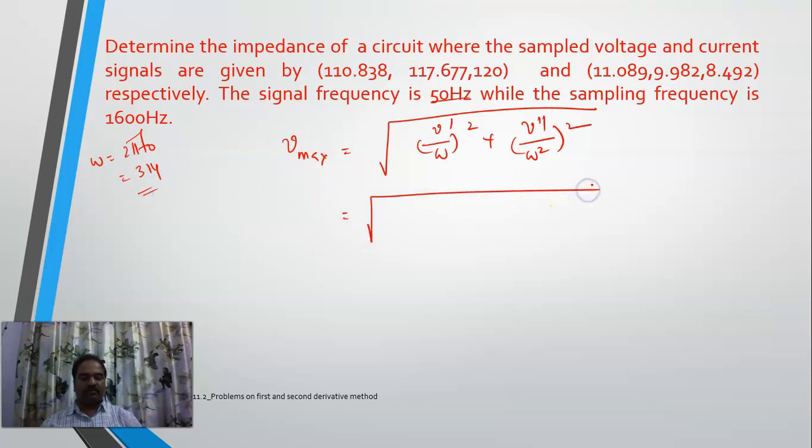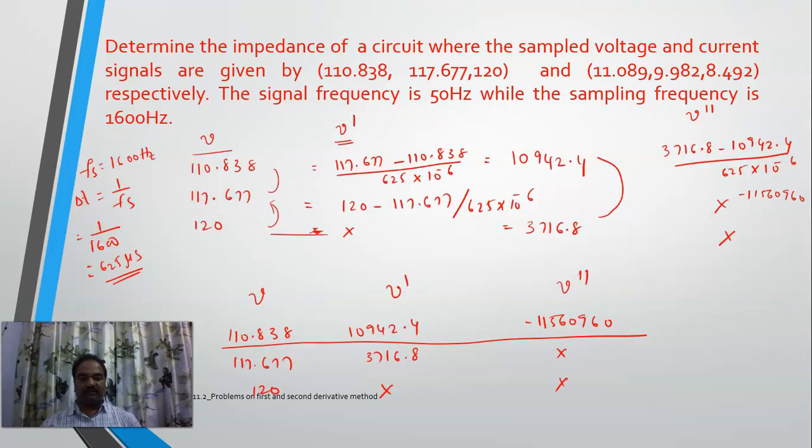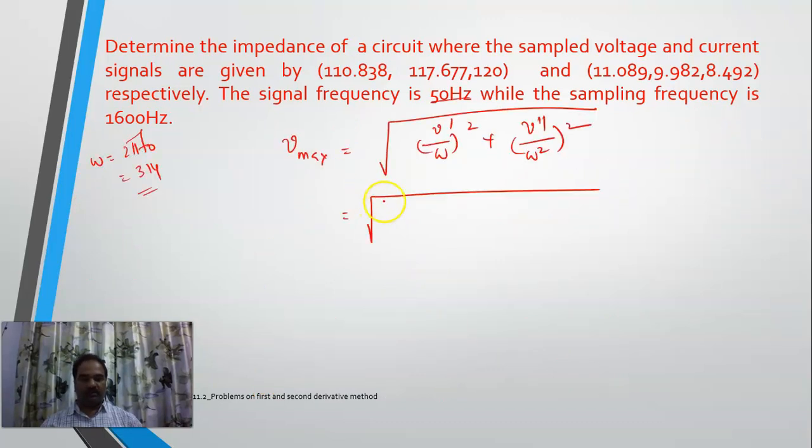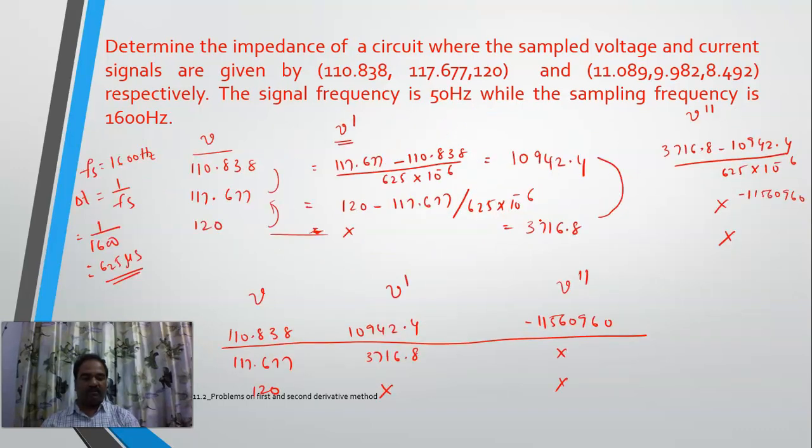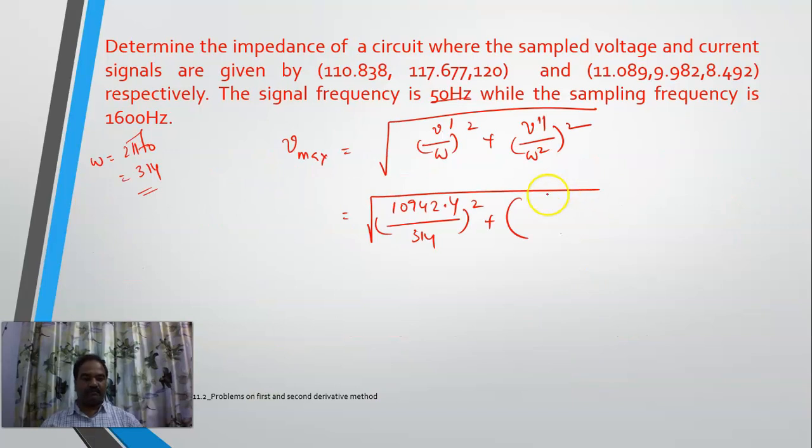So V dash we have taken here is 10942.4, so 10942.4 by 314 whole square, plus V double dash is 11560960, minus 11560960 by 314, whole square. So this is my Vmax value.